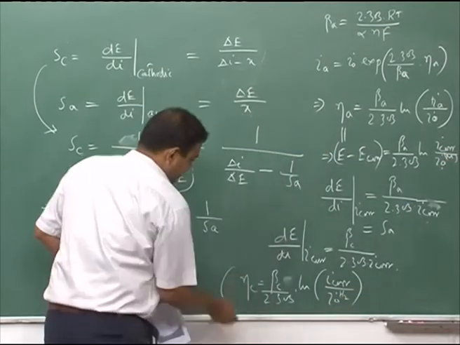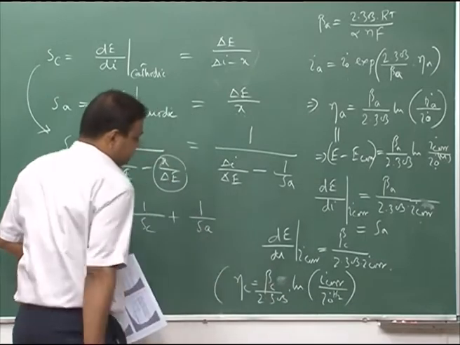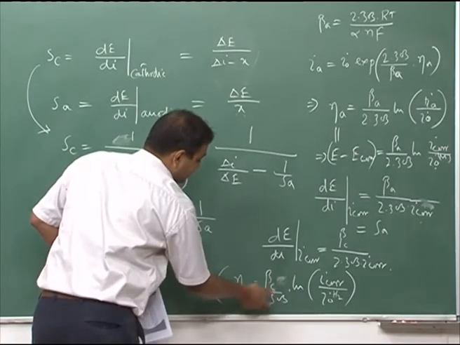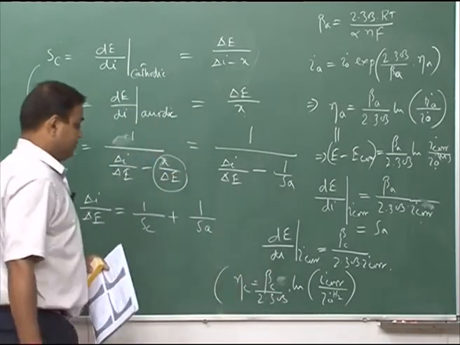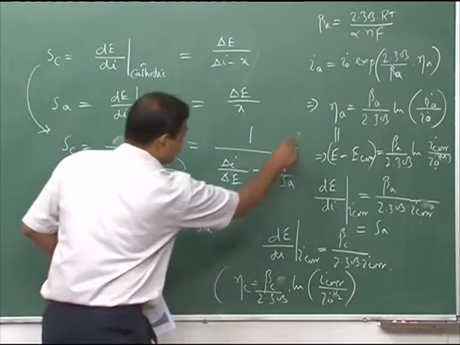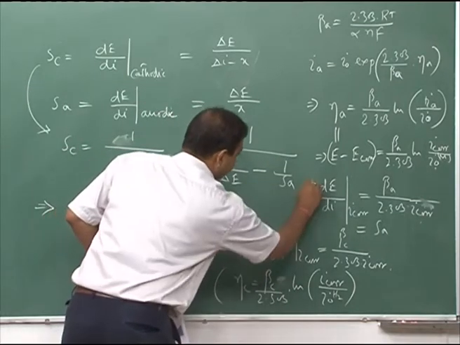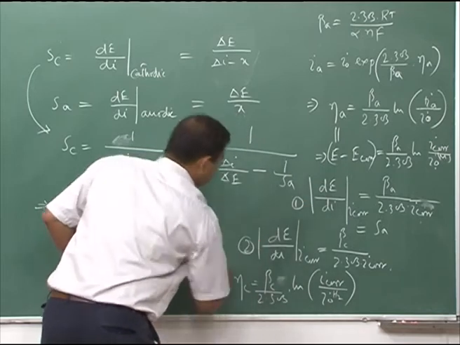Now, here we are not considering a negative sign, because the negative sign is incorporated while considering beta C and eta C. So, if we do the same process, we will get this expression. So, this is one expression, this is the second expression.